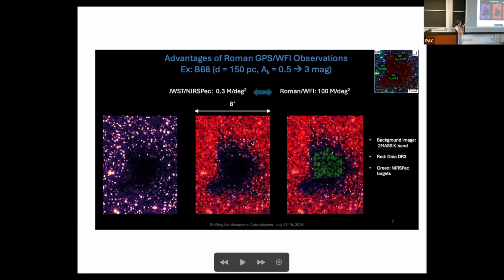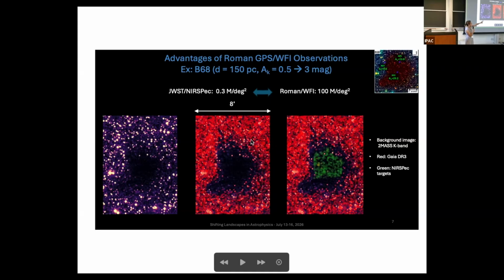The first image on the left is 2MASS in K. You can see very clearly the prestellar core, which is totally dark. The second image is the same 2MASS band with all the Gaia sources in that region. This is not an artifact; there are simply no Gaia stars whatsoever towards the core.